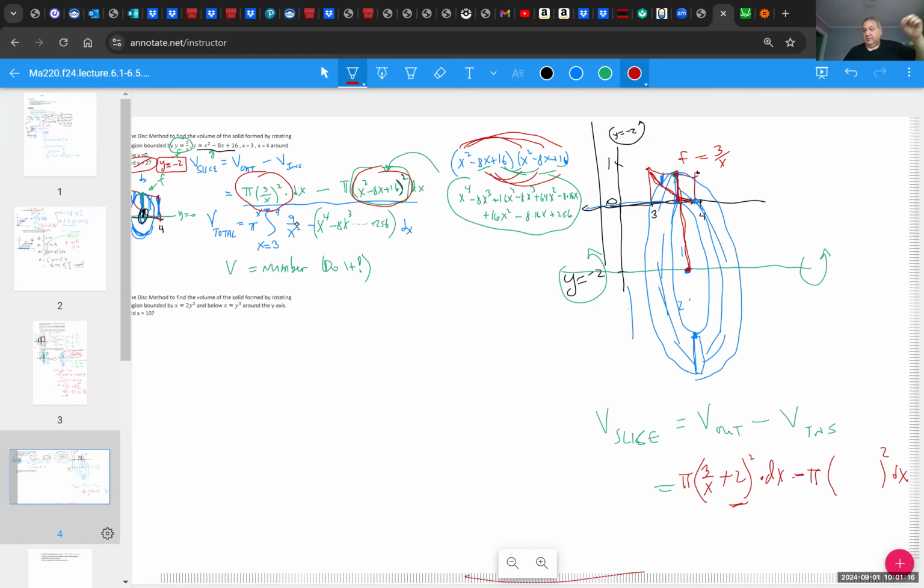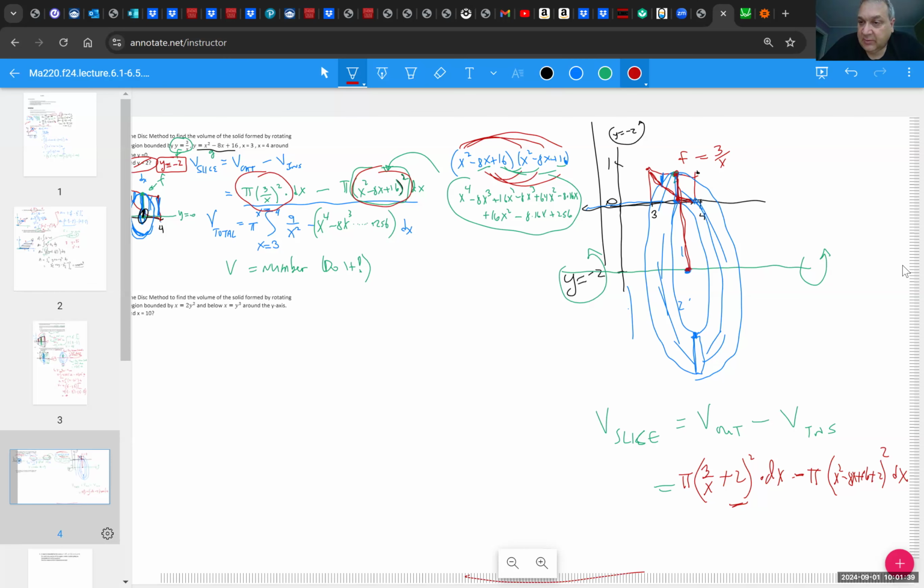So the inside radius doesn't go to 0, it goes to -2. So it's going to be the exact same thing. It's going to be this x squared thing, and then plus the 16, sorry, and then it's going to be plus 2 minus -2. So that's the volume of a slice.